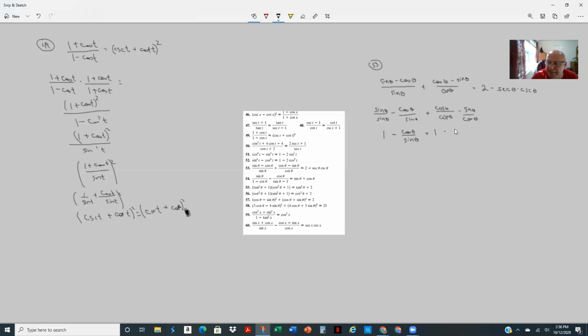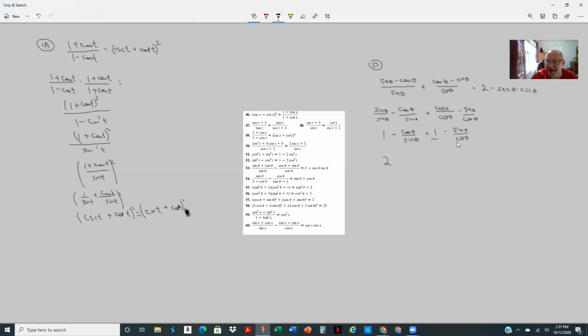And then this one's going to be minus the sine of theta over the cosine of theta. It was tempting to write this one as the cotangent and this one as the tangent. You're like, why didn't you? Well, because the right-hand side doesn't have those. Changing this to cotangent doesn't help. Changing this to tangent doesn't help. But I do know something that can help. 1 plus 1 is 2.